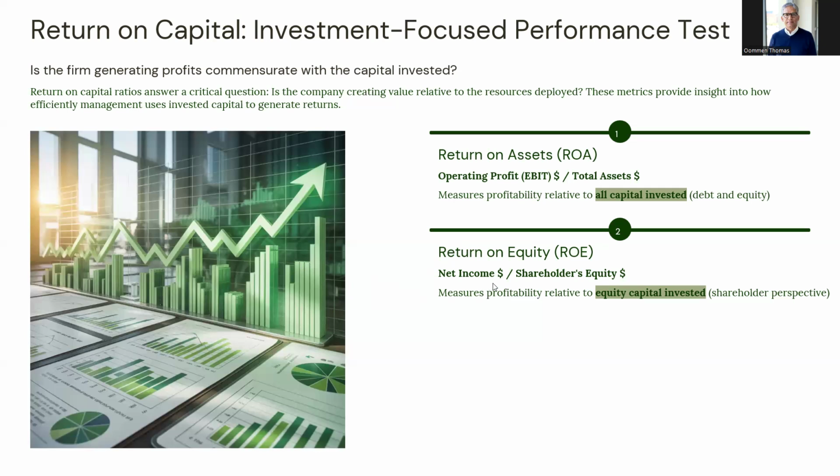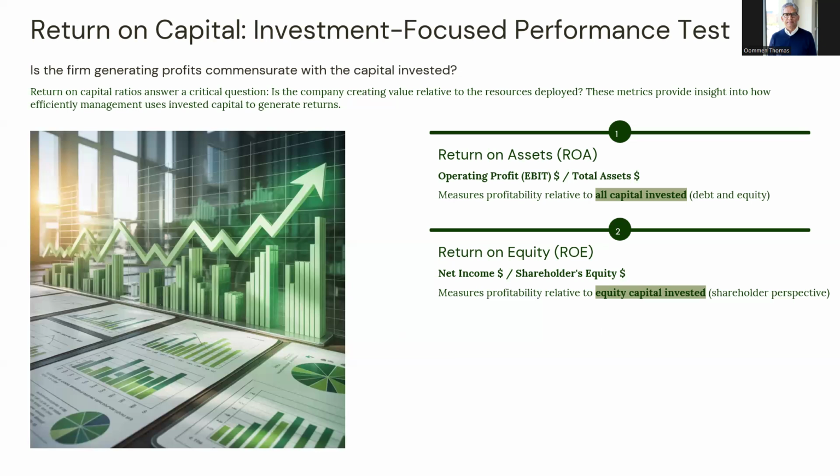The return on equity is the other ratio that you see here. It focuses on shareholders' equity as a denominator. And because it's focused on shareholder equity, it needs a measure of profits in the numerator that is aligned with the shareholders' interest, which, as we discussed earlier, is net income. So if we take net income and divide by shareholders' equity, you get ROE.